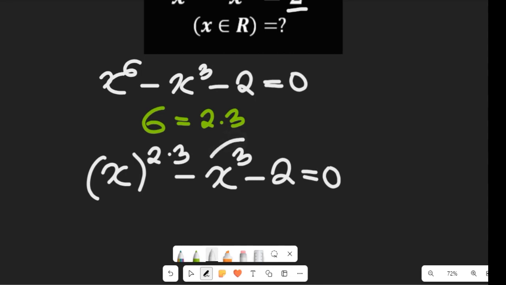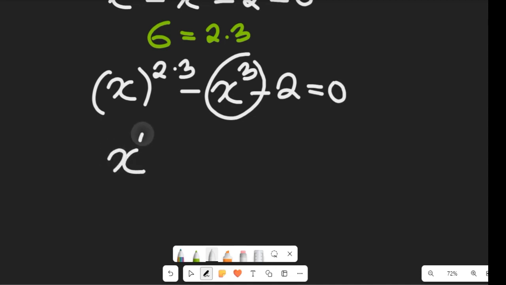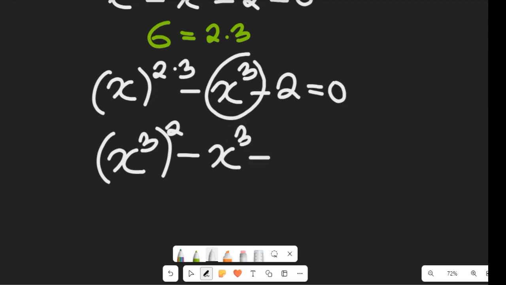Now, since we have an x to the power of 3 here, we can simply separate the exponent on the other value of x. So this will give us x to the power of 3, all squared, minus x to the power of 3 minus 2, and this will be equal to 0.